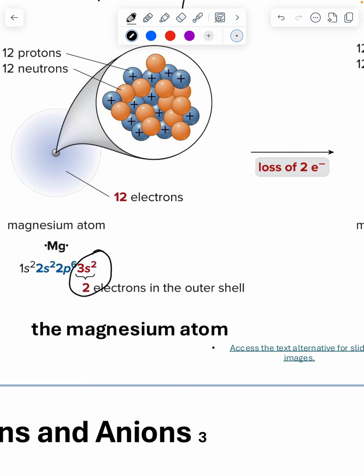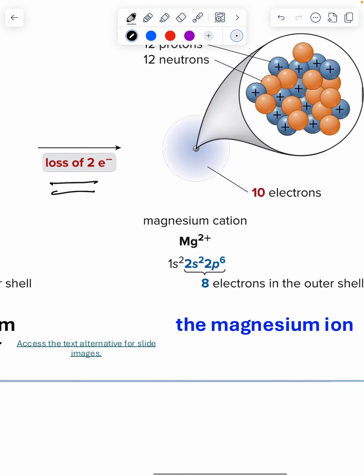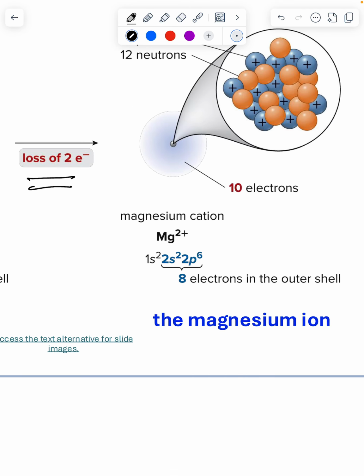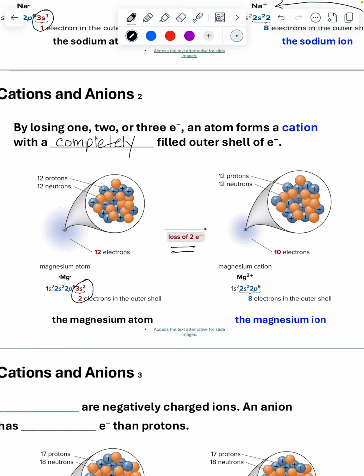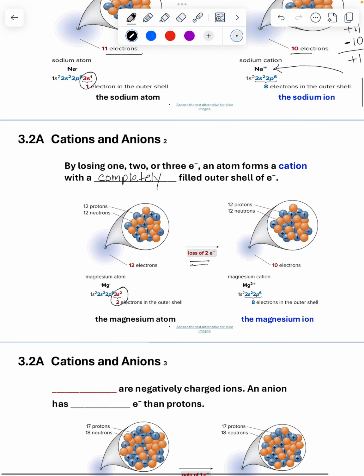If magnesium were to lose those 2 electrons, then based on this electron configuration, it now has 8 valence electrons in the second sublevel. So it has achieved this full outer shell. Now its second sublevel is its outer shell, and it has 8 valence electrons.